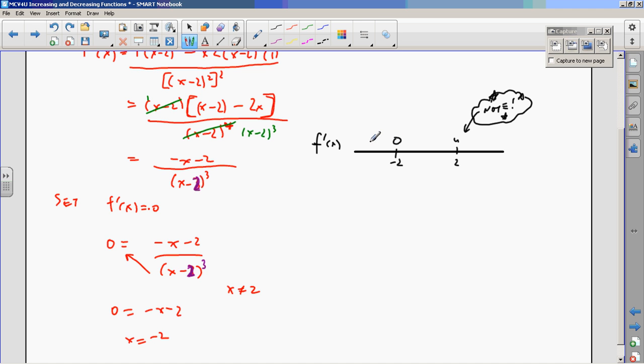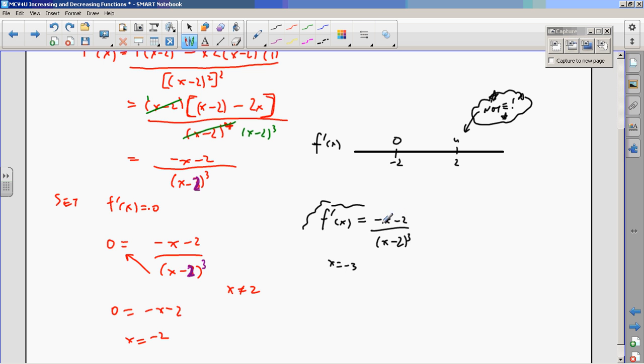So what do we got? I'm going to copy this back out just so I have a decent copy of it here. This is what I'm checking out for my test points. Like in here, what would I have? Well, for x equals minus 3, I'd have a negative, and then negative 2.